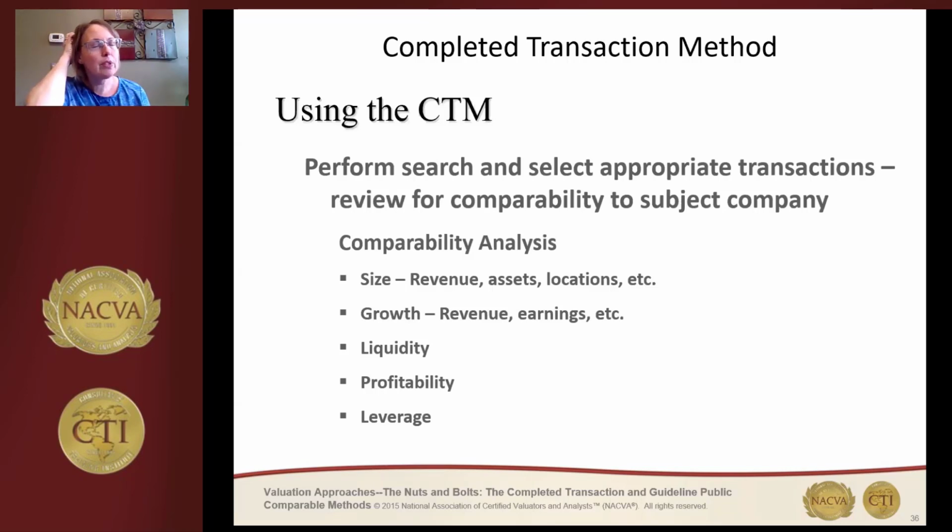I'll use the NAICS code, the North American Industry Classification code. If they don't allow that, I'll use the SIC code, the Standard Industry Code. I'll start with those and do a search.